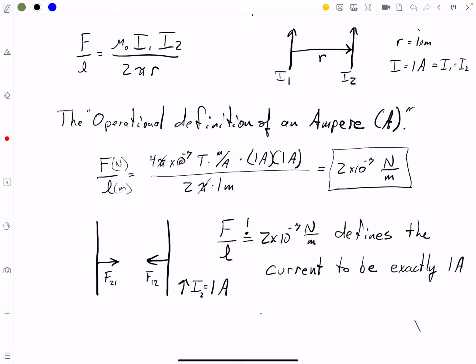And that's I2, and you have 1 amp for I1 as well. So that's how we define an amp. You say, okay, it's 1 amp if this force between them is 2 times 10 to the minus 7 newtons per meter.